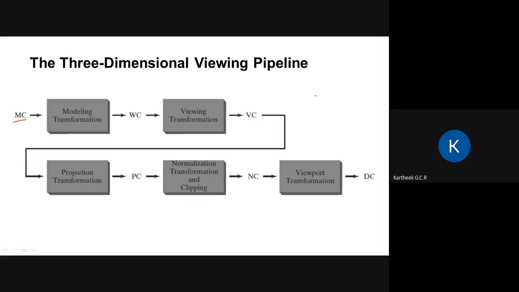The model coordinates are basically, we have modeled a cube, which is a unit cube, and that unit cube is a unit cube no matter where you place it in the coordinate system.